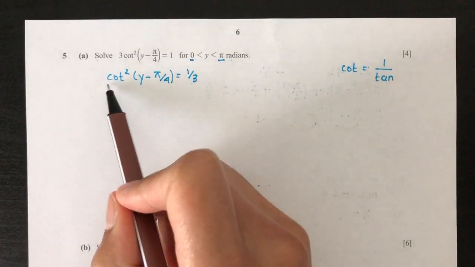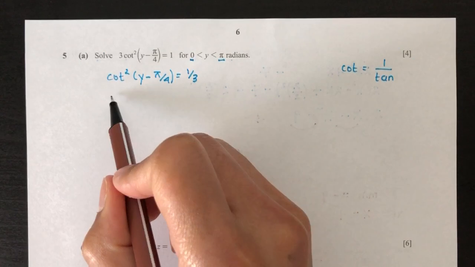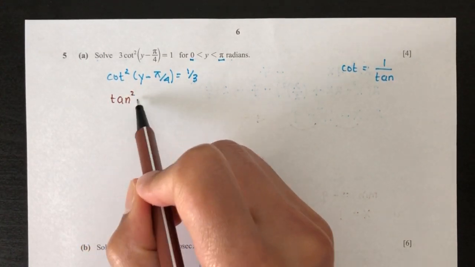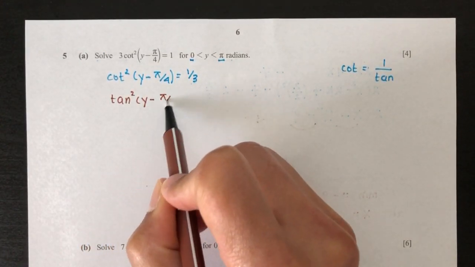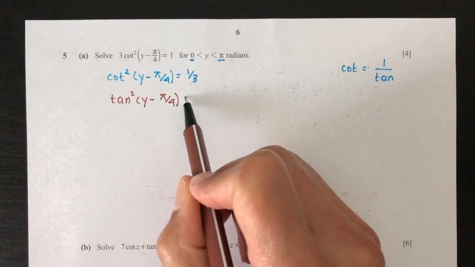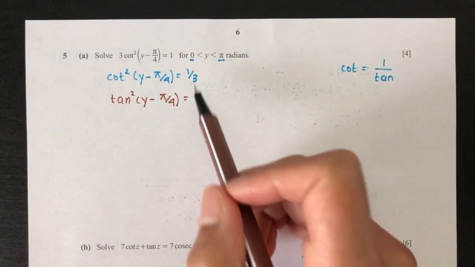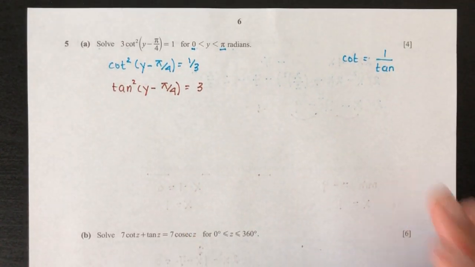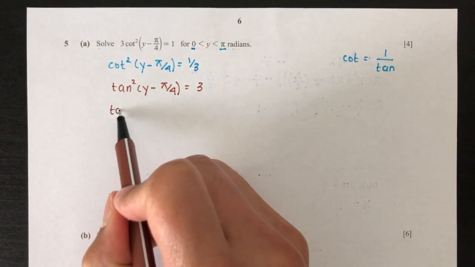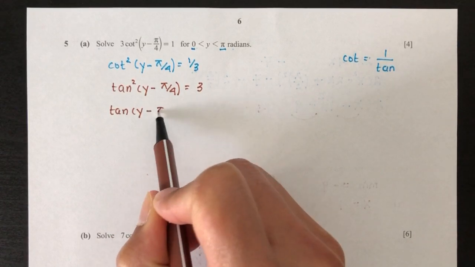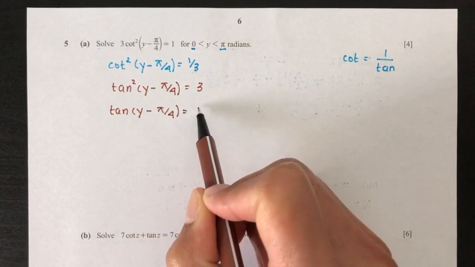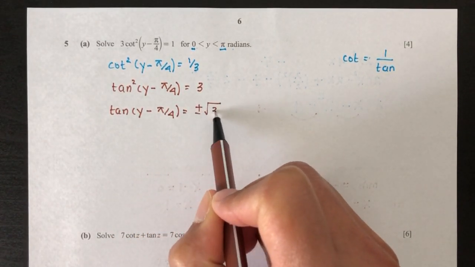Next step is to convert cot squared to tan. So you'll have tan squared of y minus pi by 4. Now that will become 3, because you have to invert. It means that tan of y minus pi by 4 has to be plus or minus root 3.